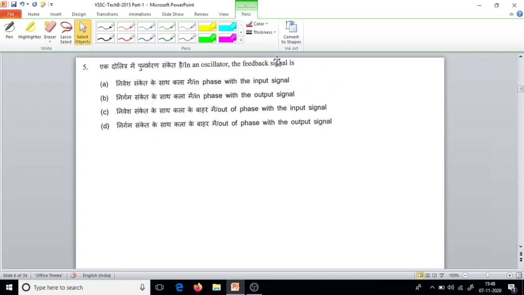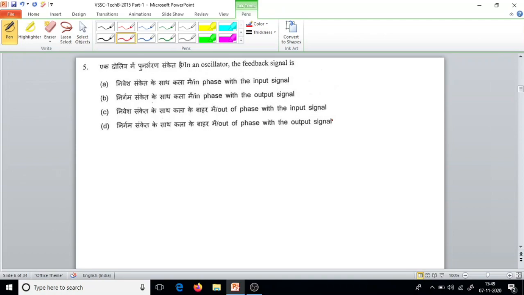Question number 5. In an oscillator, the feedback signal is: in phase with the input signal, in phase with the output signal, out of phase with the input signal, out of phase with the output signal.